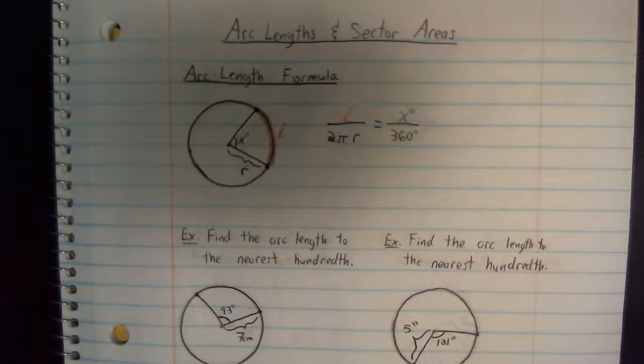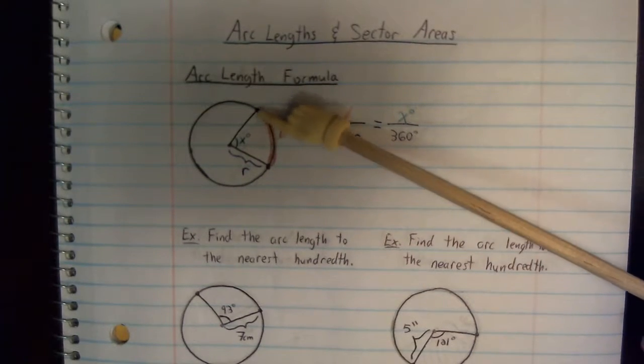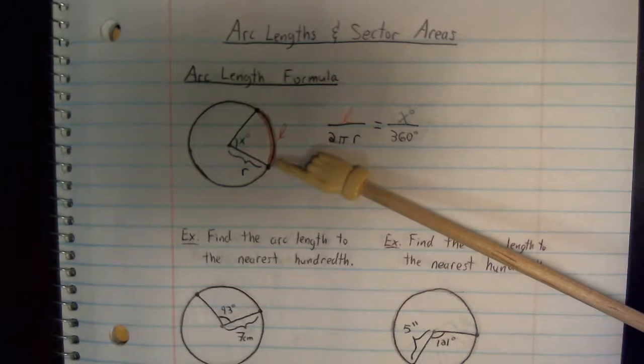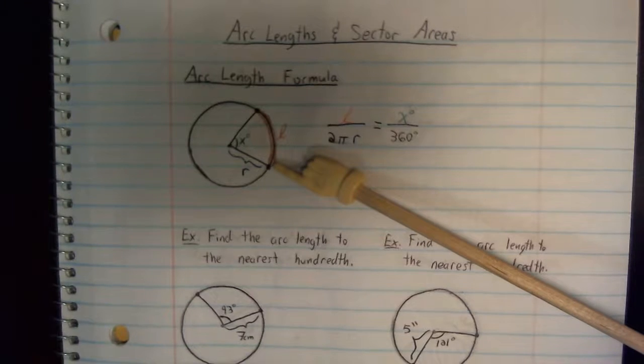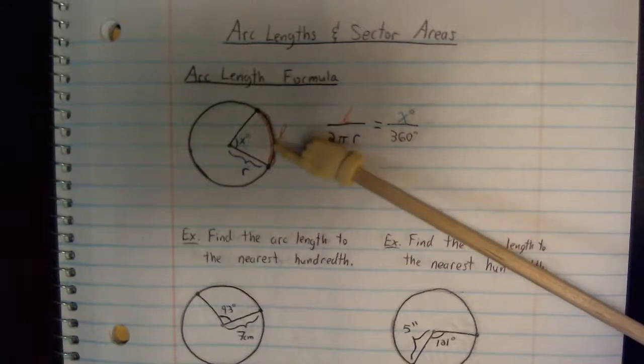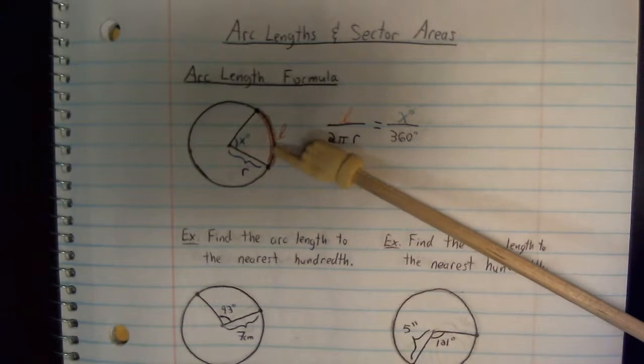Okay, first of all, an arc length I have highlighted here in orange. We're trying to figure out the length of this arc. That's different from the measure, which would be a degree measure. We want length. So don't get those two confused. We're trying to figure out how long this line is. Now, think about it.